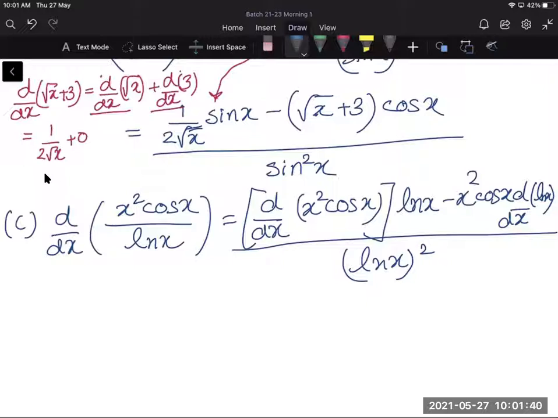Can we write 1 by 2 root x as 1 by 2 root? नहीं सिद्धार्थ थोड़ा सा गड़बड़ कर दिया ना, माइनस नहीं लेंगे ना.